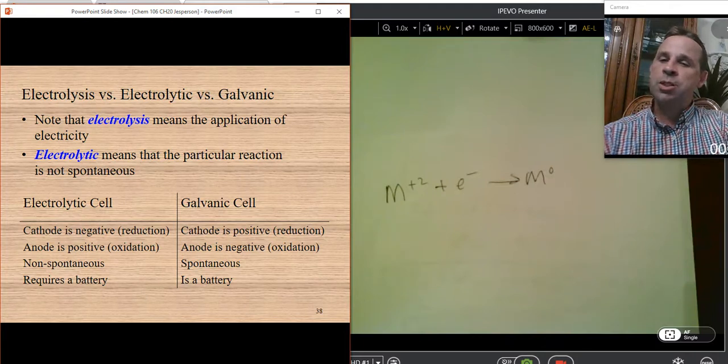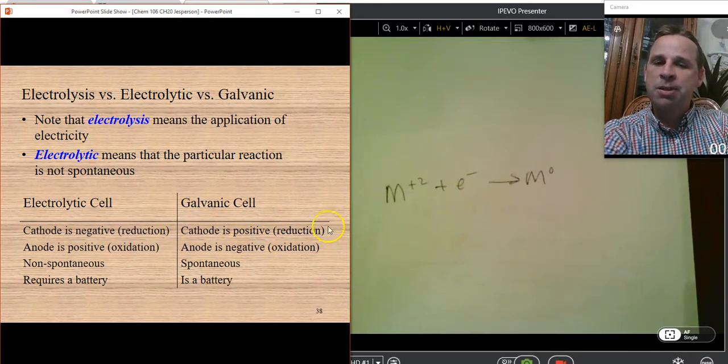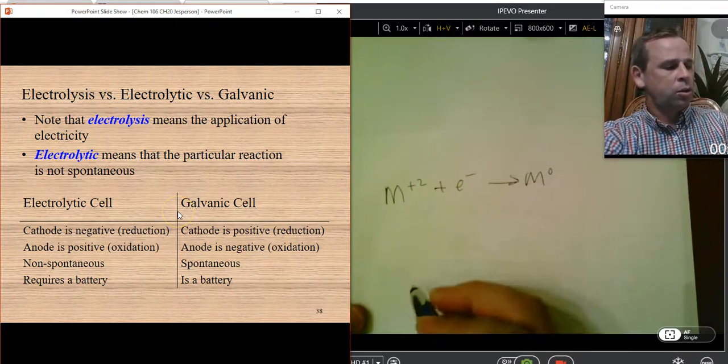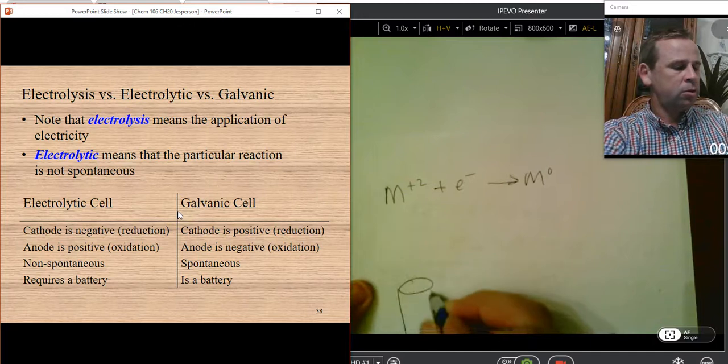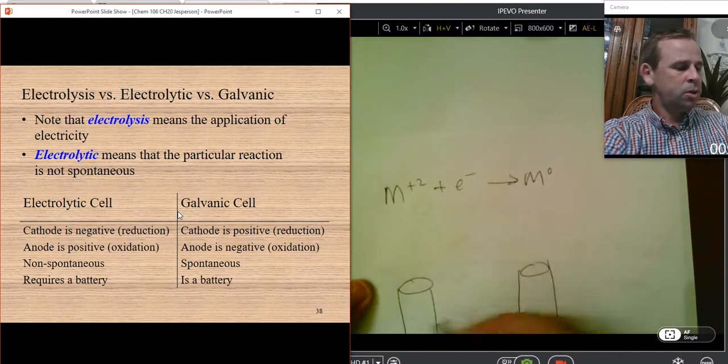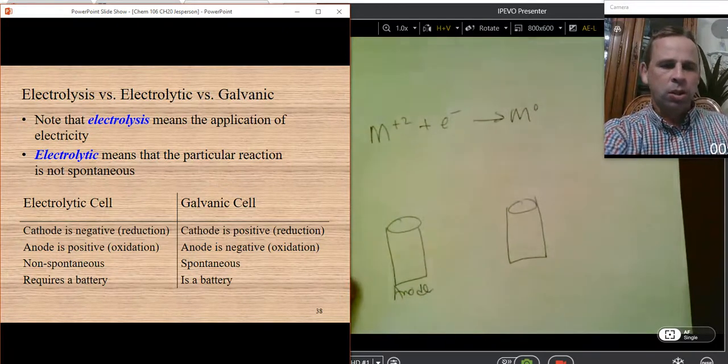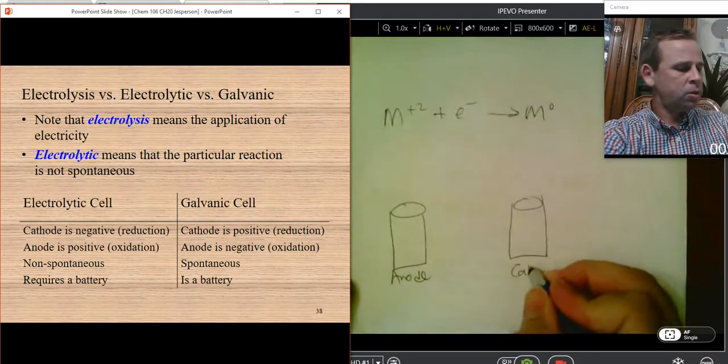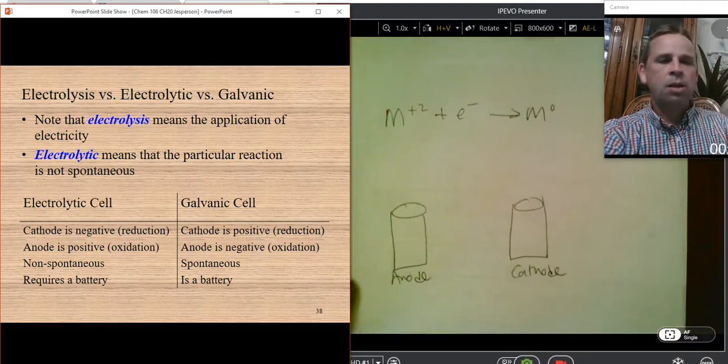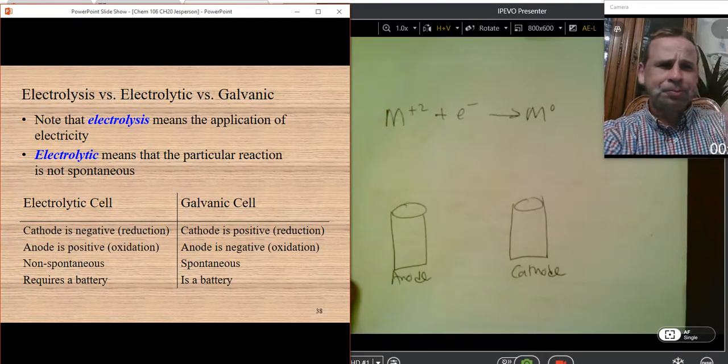So here are some differences between our electrolytic cell and our galvanic cell. Our galvanic cell is what we've been describing previously. It's basically the battery that we've been drawing, where we have an anode and a cathode. So I usually like to put my anode on the right. So we say this is our anode here, and we have our cathode. All right? And we should do a little review here as well.